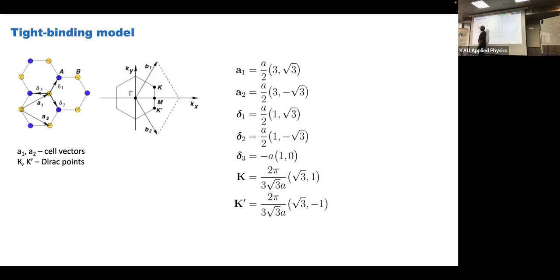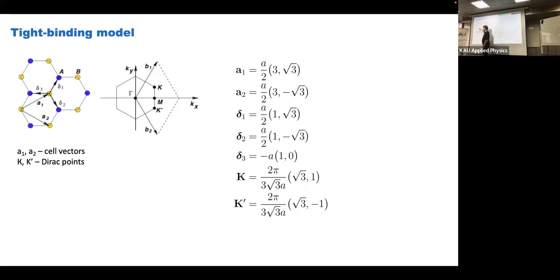That's why it's called tight binding, because electrons are tightly bound to this atom, this atom, this atom, and so on. And I want to calculate the whole function, the whole energy, and so on.